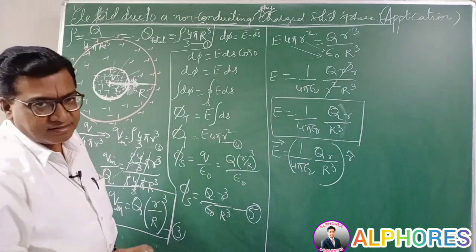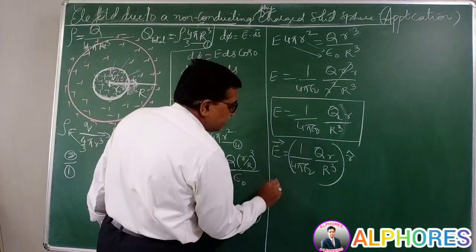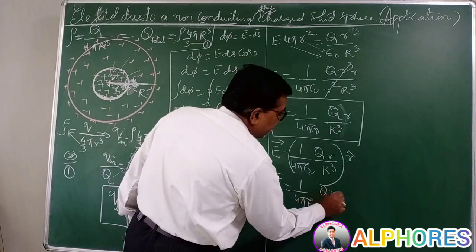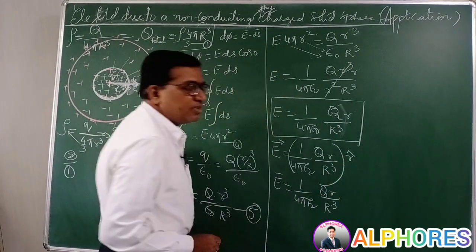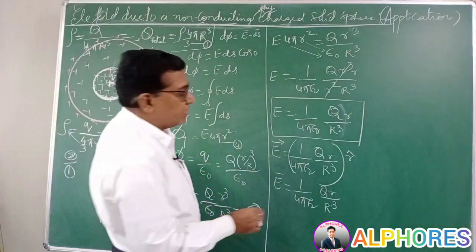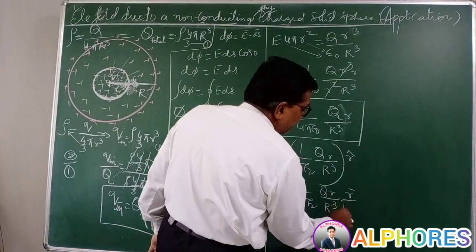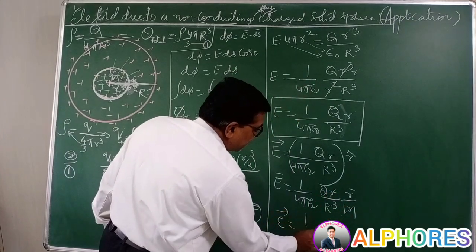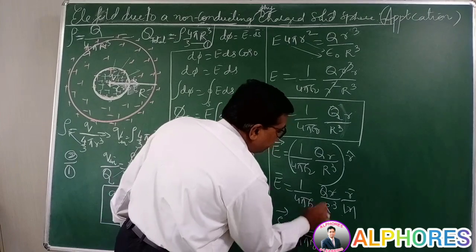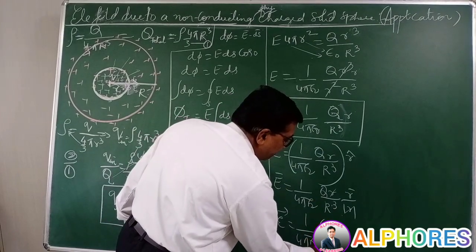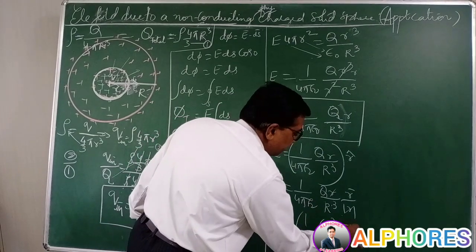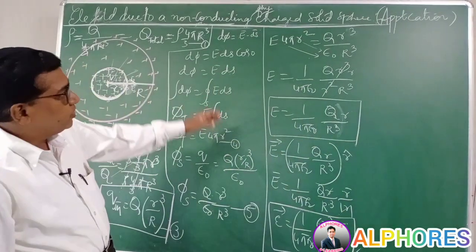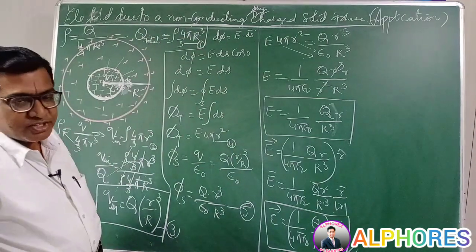Writing the unit vector as r bar by mod r, this cancels. So the electric field vectorially is 1 by 4 pi epsilon naught Q by R cube times r bar. A very beautiful formula for the electric field due to a non-conducting charged solid sphere.